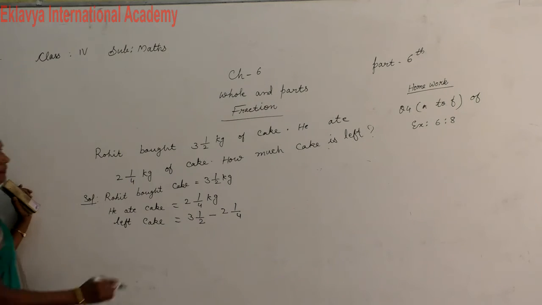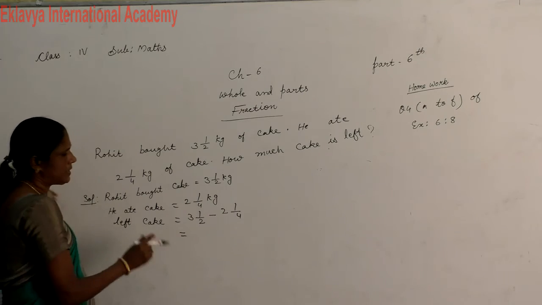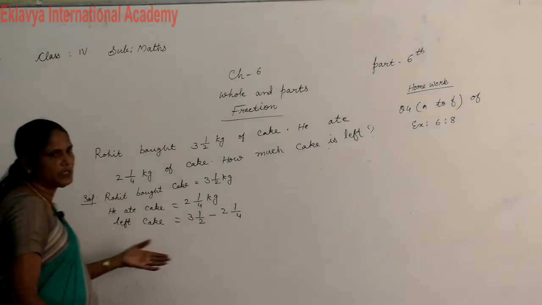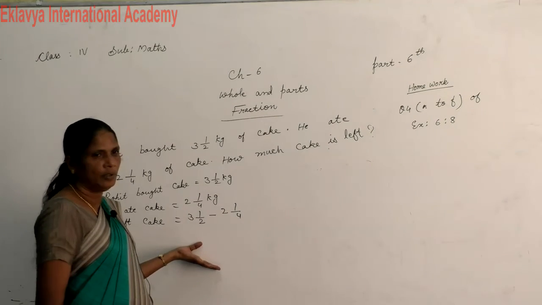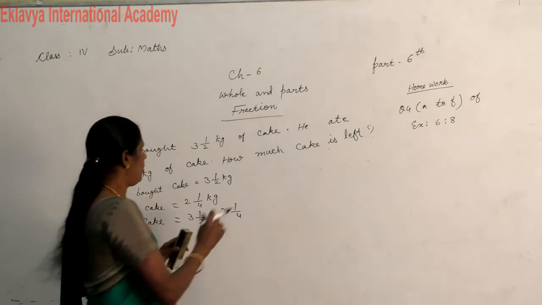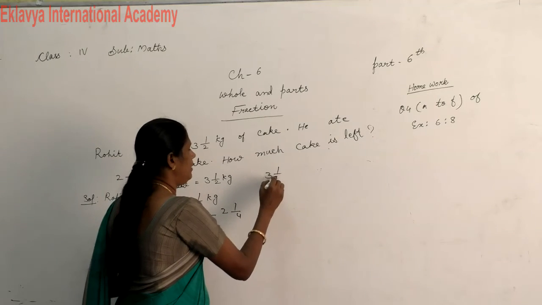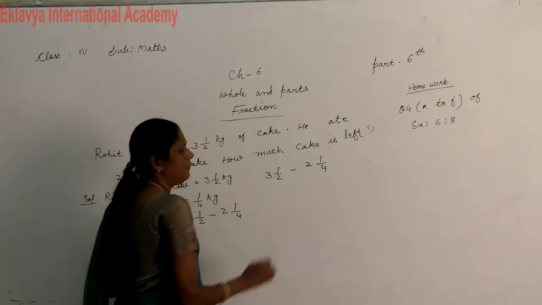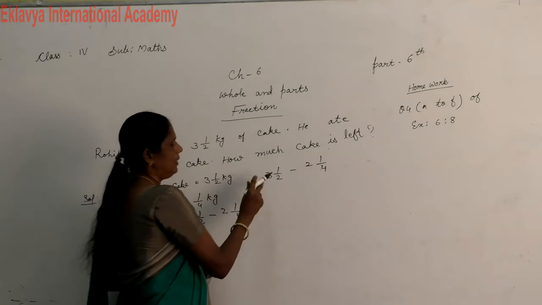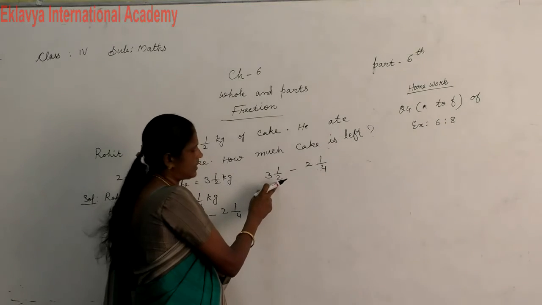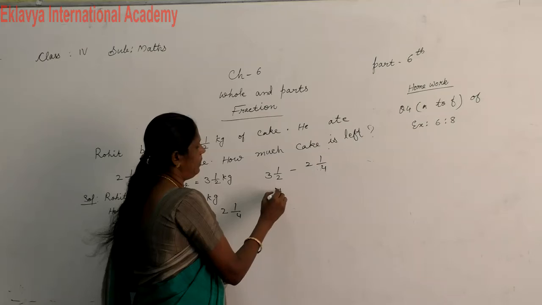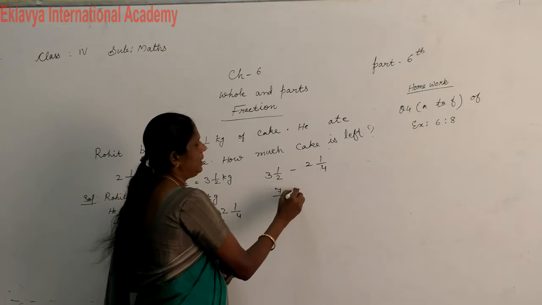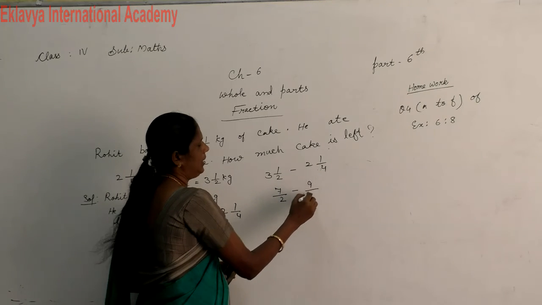Okay. First we convert this mixed fraction into improper. 3 1 by 2 minus 2 1 by 4. First we convert. 3 2s are 6, 6 plus 1, 7 by 2 minus 9 by 4.